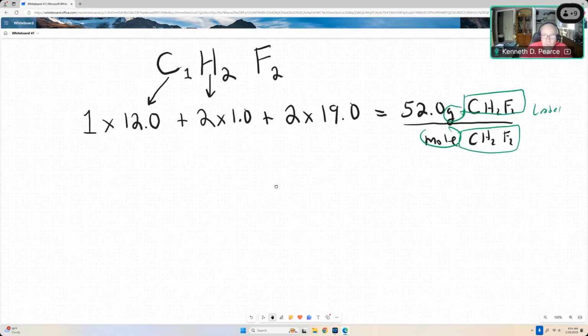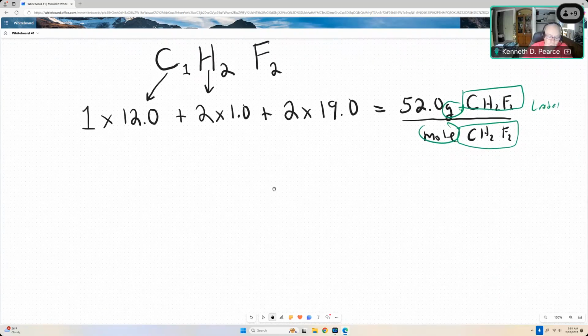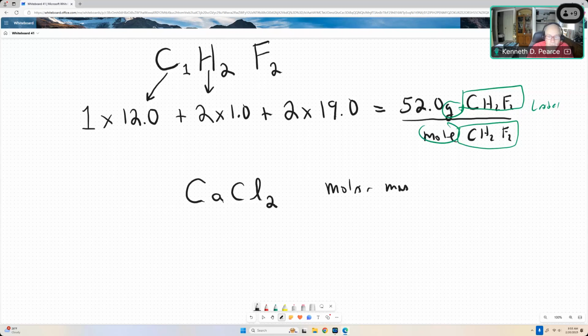Good job if you got 52. How about we do calcium chloride? What's the molar mass? Let's go ahead and see if we can find the molar mass for calcium chloride.